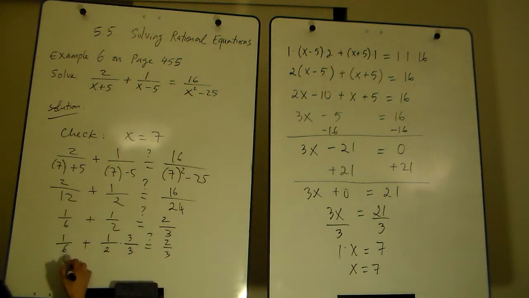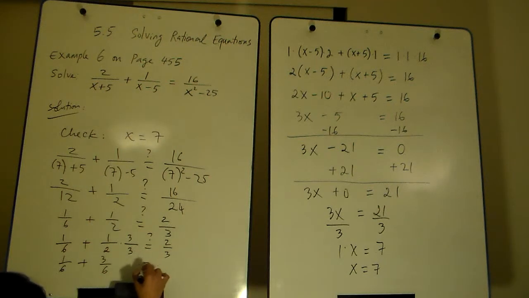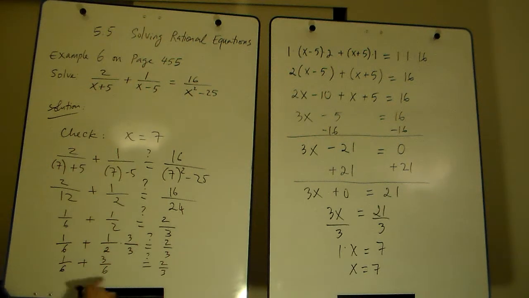So 1 over 6 plus 1 times 3 is 3, 2 times 3 is 6. This is multiplying numerator with numerator, denominator with denominator. Simplify further, I get 1 plus 3. Now because these two fractions have the same denominators, I can combine them.